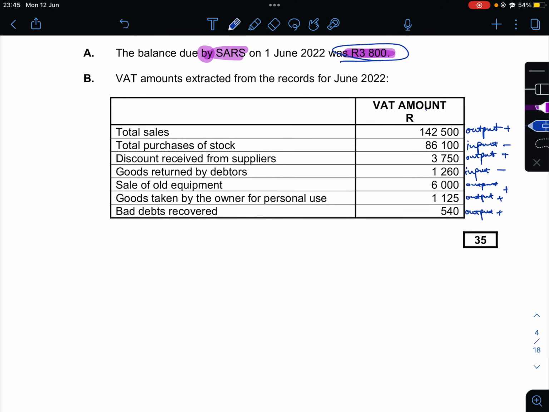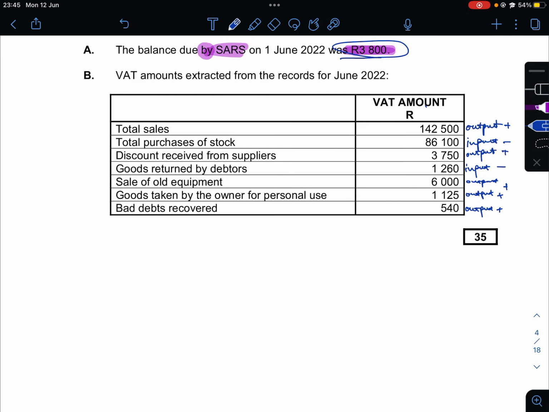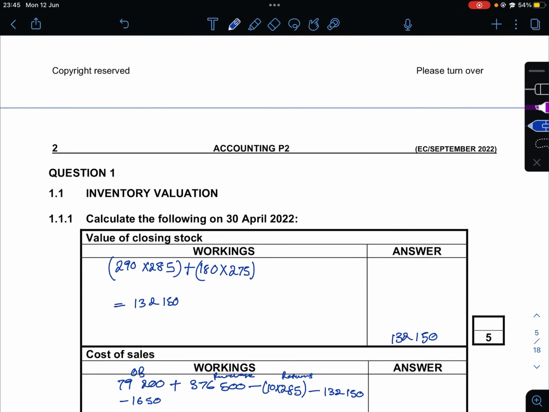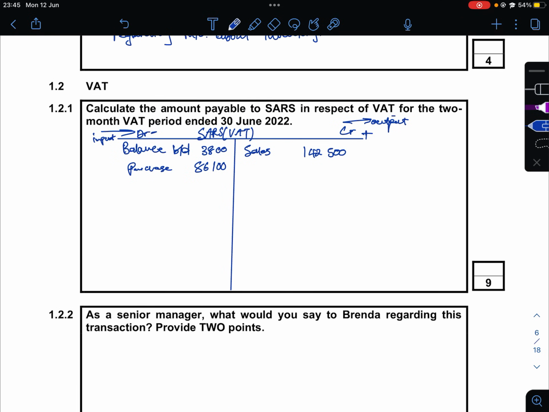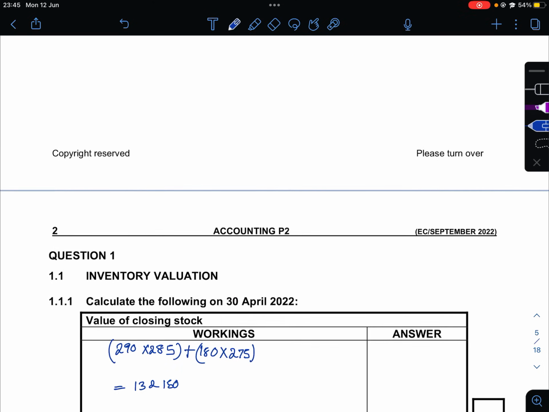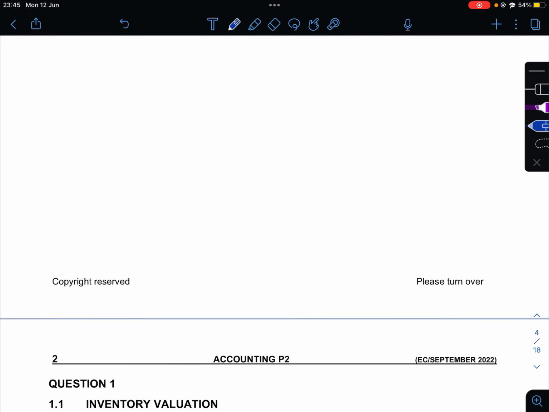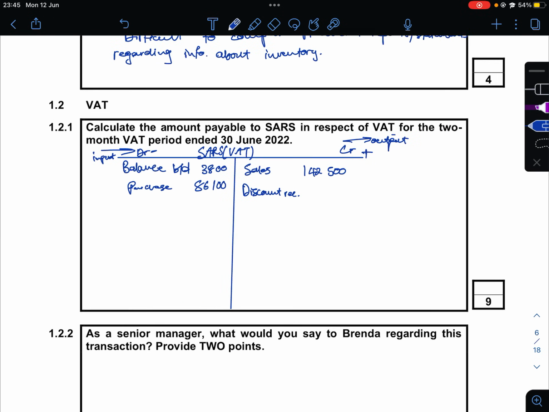I'm just going to keep on scrolling until I get to the information. Now I have discount received. Okay, just going to say discount received. How much was the discount? 3,750. Yeah, the discount of 3,750.